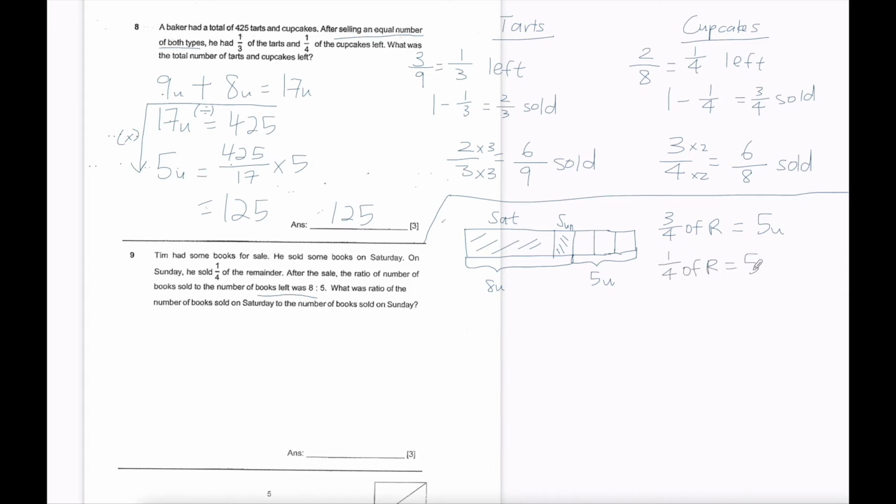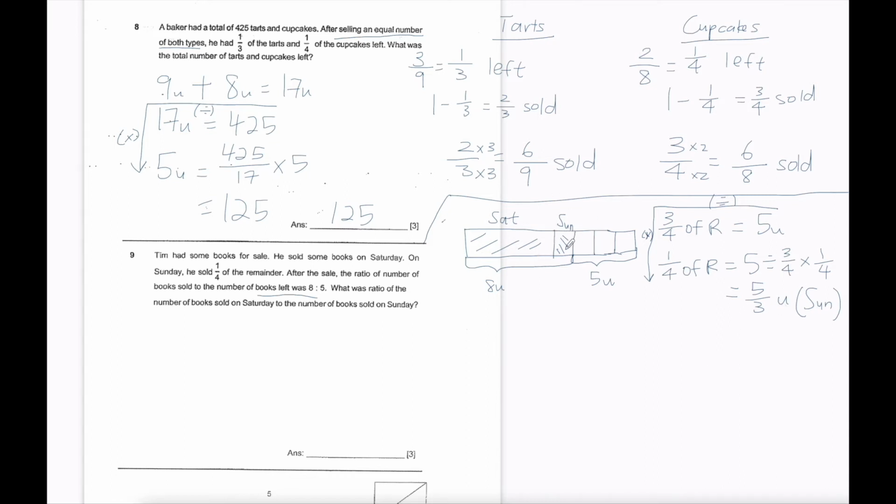It's just 5 divided by 3/4 times 1/4, which is 5/3 units. And this belongs to Sunday. I'm trying to compare everything using units instead of using fractions. Got it? So again, I divide here, then I multiply here. I take 5 divided by 3/4 times 1/4 and get 5/3 units, which belongs to Sunday.